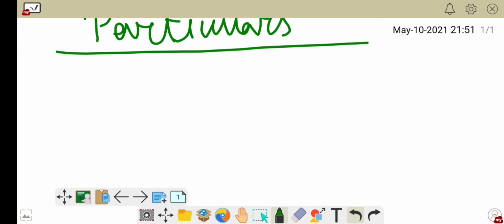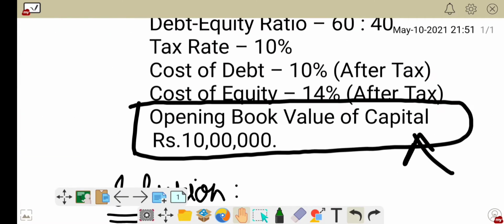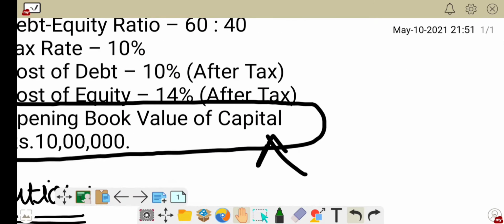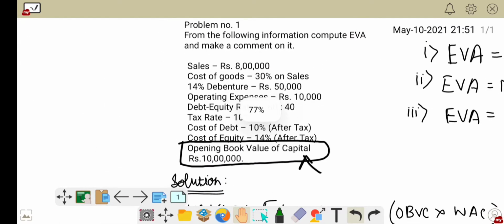According to the format given in our previous video, the first item is sales. How much sales are given here? Sales are 8 lakh. Guys, I am giving you some time to pause the video or take a screenshot and write down this problem in your copy first, and then start the solution with me.